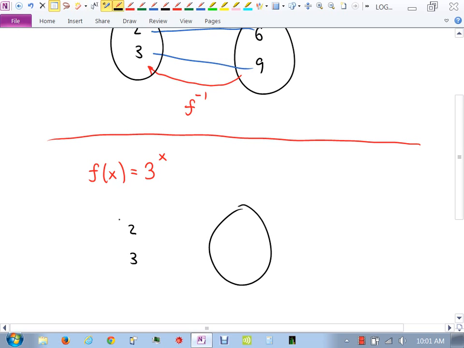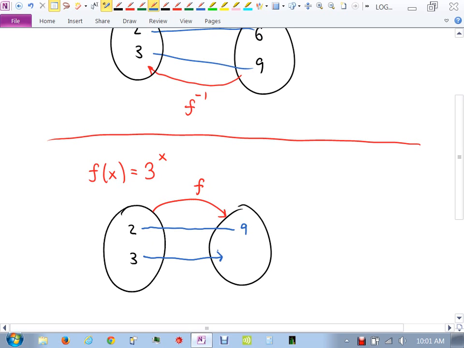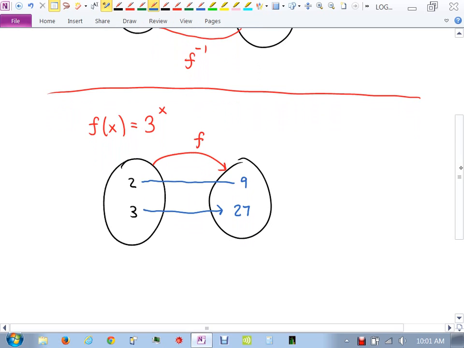So send those through with f, and what would you get? So the first one, 2, would become 3 to the second power, that's 9. And then 3 to the third power would be what? 27. The question is, can we take them back? Well, we should be able to, right? I mean, seems reasonable or not?